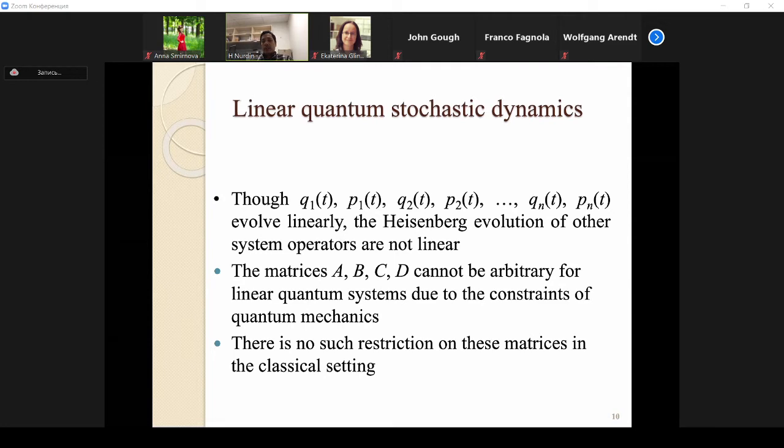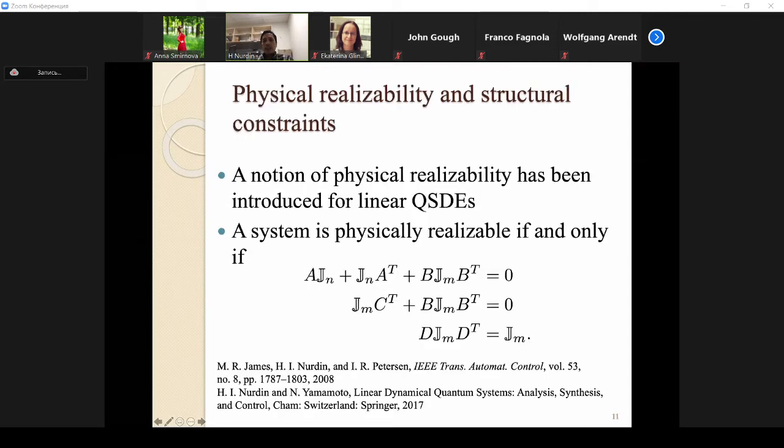One distinction from the classical setting is that the matrices A, B, C, D cannot be arbitrary for a linear quantum system. This arises from the fact that it's a quantum mechanical system, so it must satisfy constraints that are set by quantum mechanics. We don't encounter these kinds of constraints on A, B, C, D in the classical setting. Because of this, we have a notion of physical realizability for linear QSDEs.